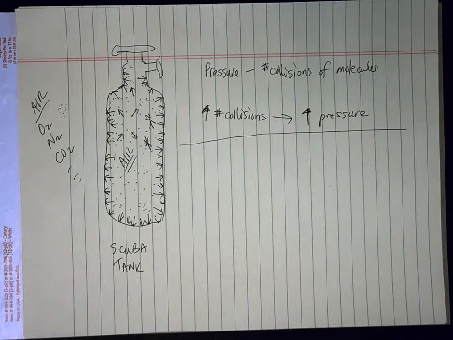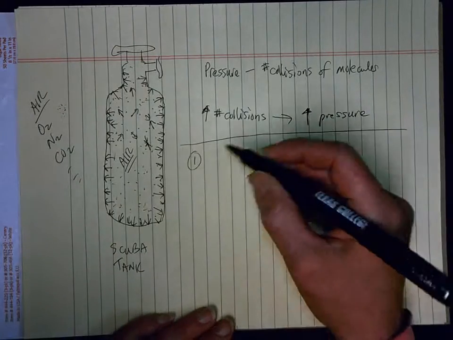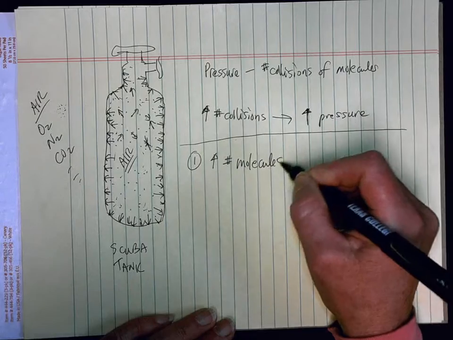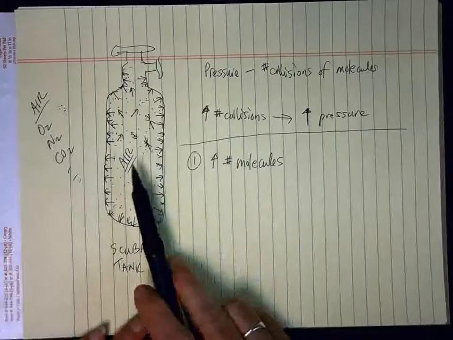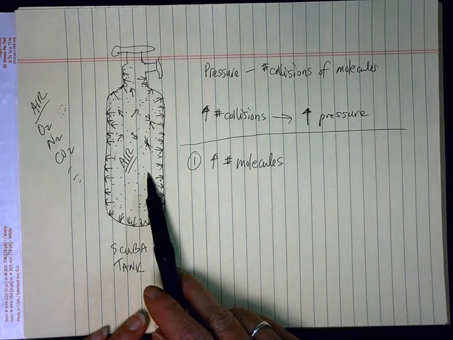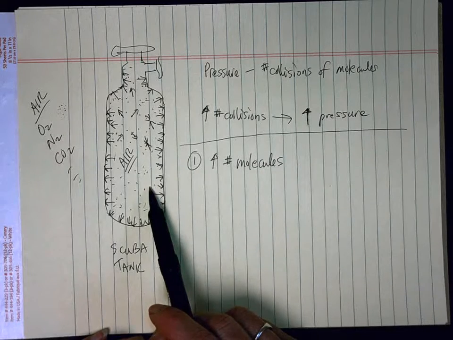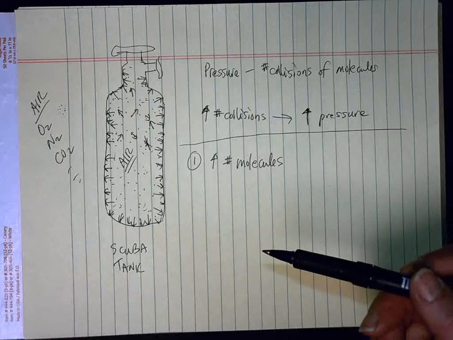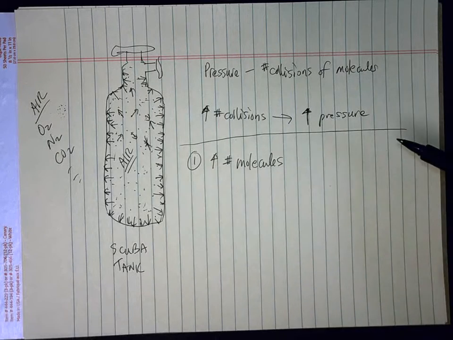How do you increase the number of collisions? There are two main ways. One is if you increase the number of molecules. If you put more molecules in here, they're going to be more crowded, so they're going to be bumping into each other more. So you're going to have more collisions, which is going to increase pressure.